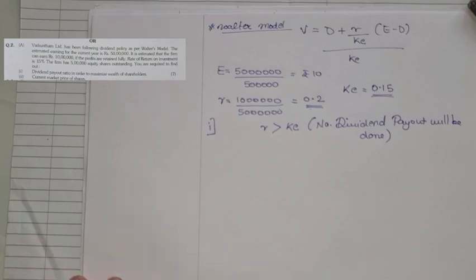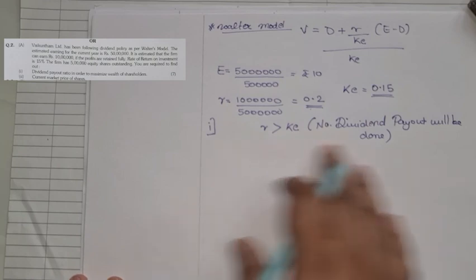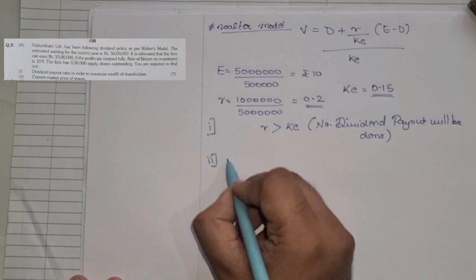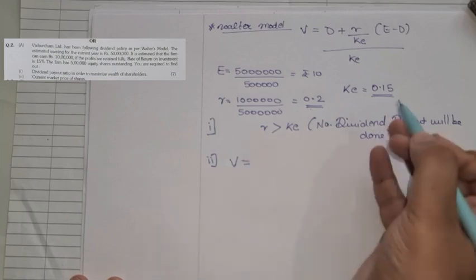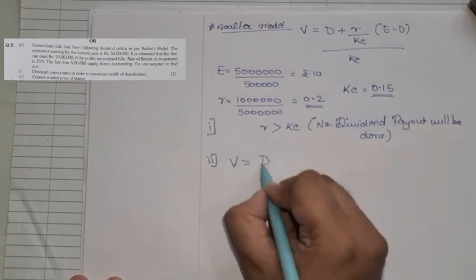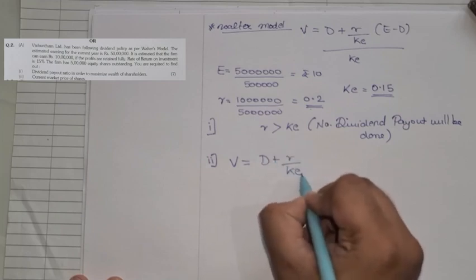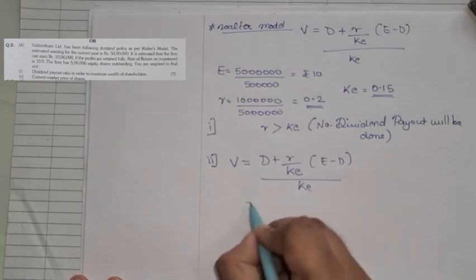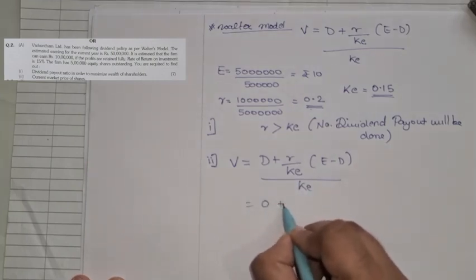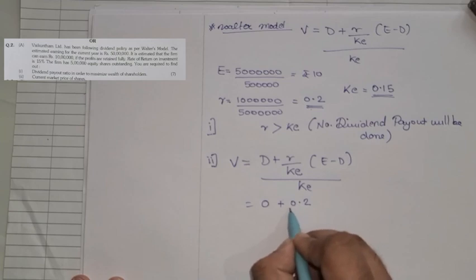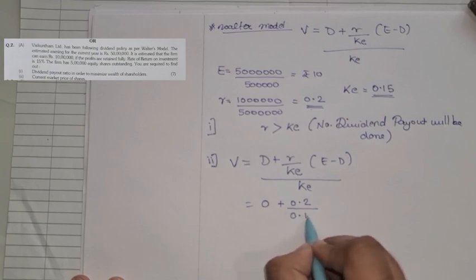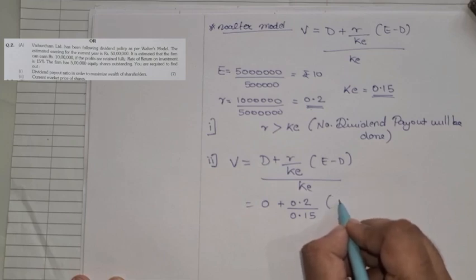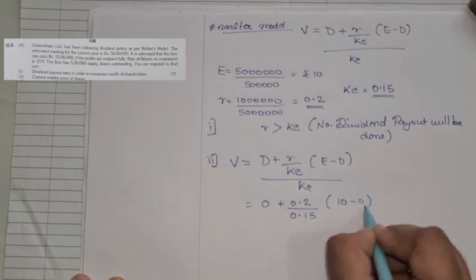So first question was dividend payout ratio. You cannot find it because there is no dividend to be given. And secondly, the market price when there is no dividend given, the formula is D plus R upon KE, E minus D upon KE, where dividend is 0, R is 0.2, cost of capital is 0.15, earnings is rupees 10 minus 0.